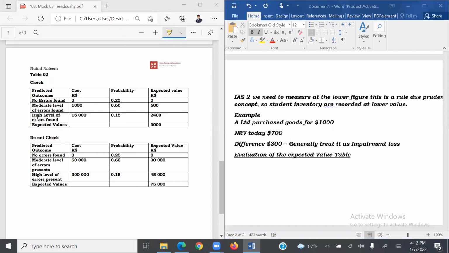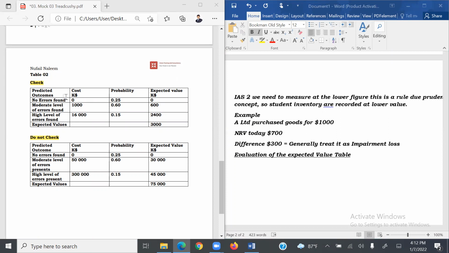If you see, there are two possibilities: you check the barcodes, or you do not check the barcodes. Predicted outcome, cost: no errors found, anyway it will be 0, probability 25 and it's 0.